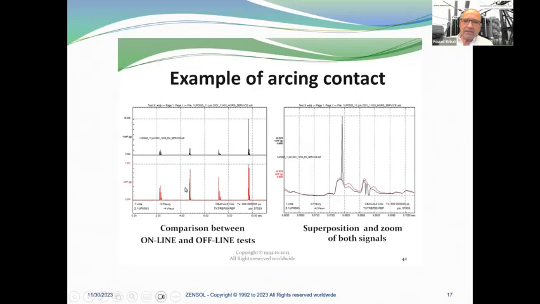And here on the offline, we get an amplitude of 35G. When we zoom this part, you can see that the arcing is happening exactly at this time. So with this information, you can surely guess that your contact has some holes and it's not in a good shape.